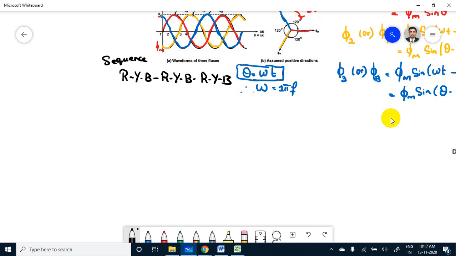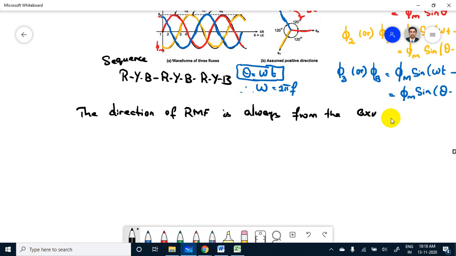The reason is that you can take down: the direction of the rotating magnetic field is always from the axis of the leading phase of the three-phase winding.